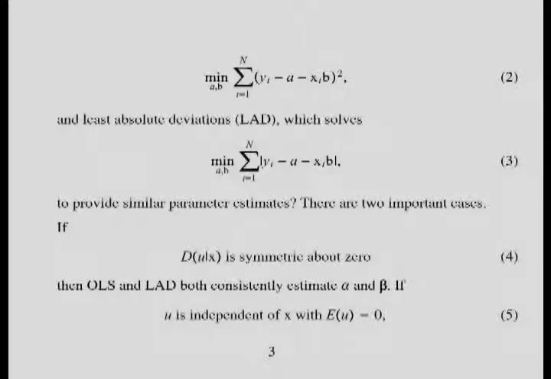In that case, of course, the mean and the median are the same, and so we would expect, at least under the case where there aren't influential observations, that these will provide similar estimates. Certainly, the population values that solve these two equations in the limit are the same. So one condition is symmetry.